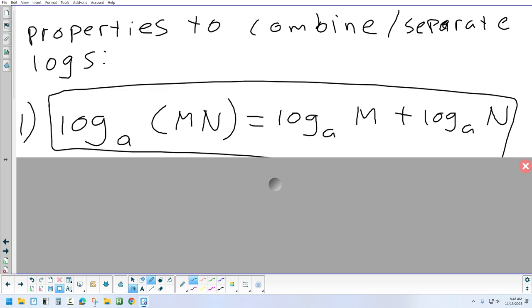So the first property deals with a product inside the argument. So this applies for any base. Okay, the base has to be the same. Whatever base you start with, that's going to be the base that you finish with. Okay, the base does not change.